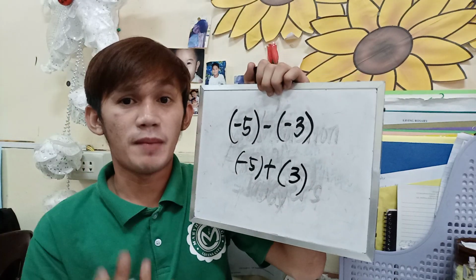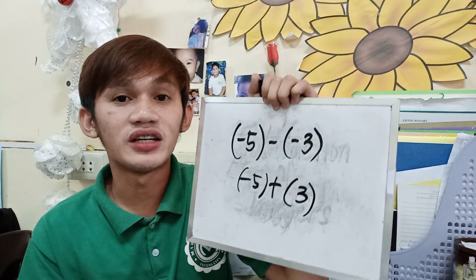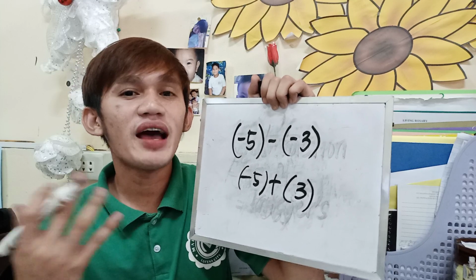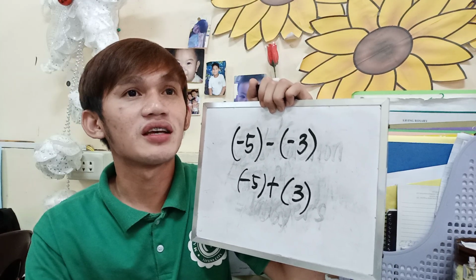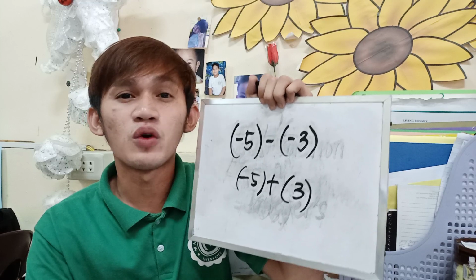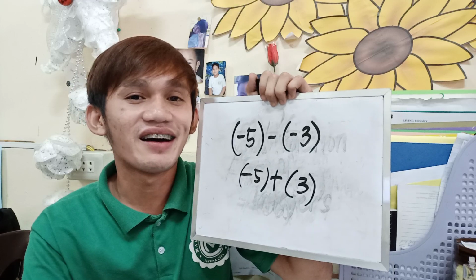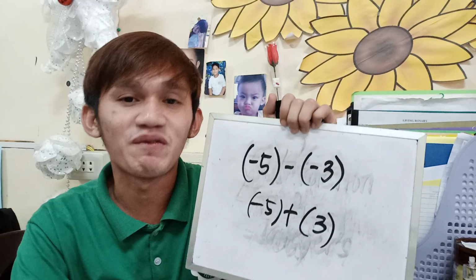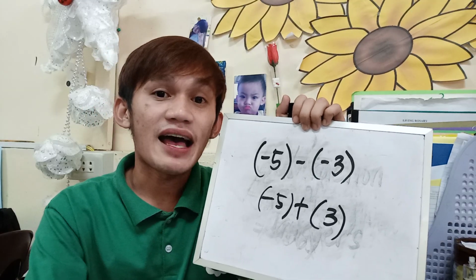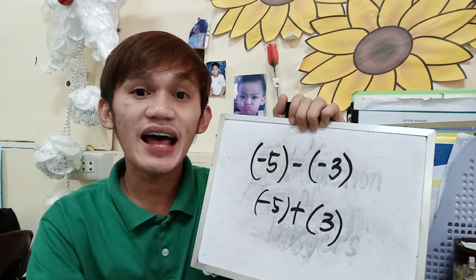If you can still remember our previous lesson, which is all about the addition of integers, we have there a song that sounds like Row, Row, Row Your Boat. I don't know the exact title of the song, but it goes: same sign add and keep, different sign subtract, keep the sign of the higher number.